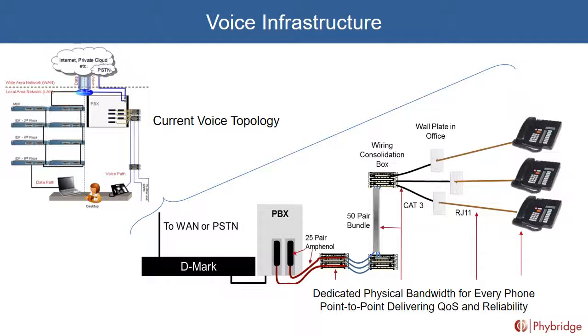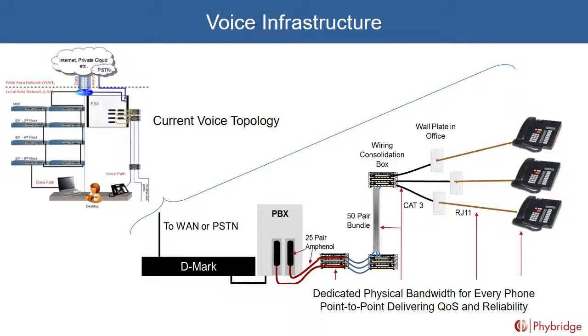Perfect. So as you can see on the bottom part, we've gone and done what looks like an X-ray into what's inside the building. So we've got some sort of demarcation that comes in that's terminated on a digital or analog line card, as I had said before, and we had talked about the 25-pair Amphenol or RJ21 connector that's connected to a 66 or 110 or BIX or Krone strip.